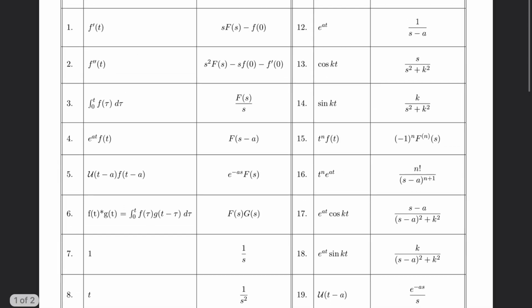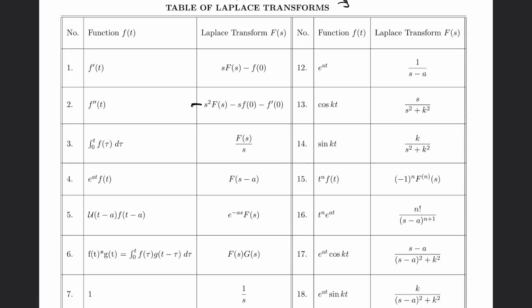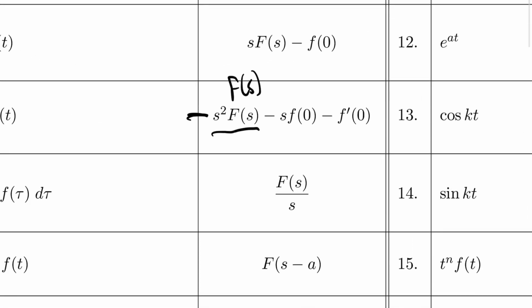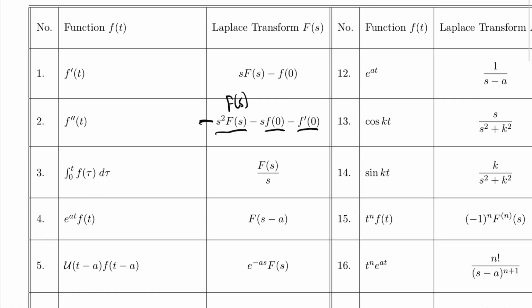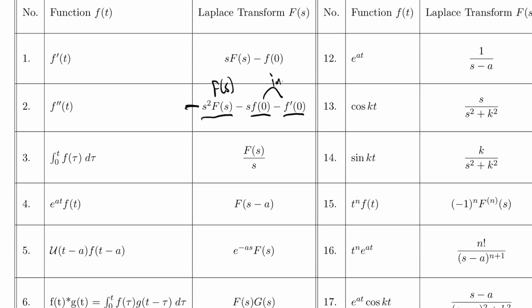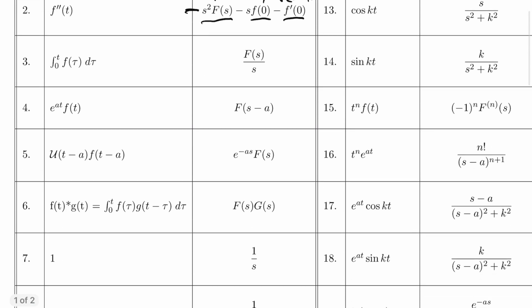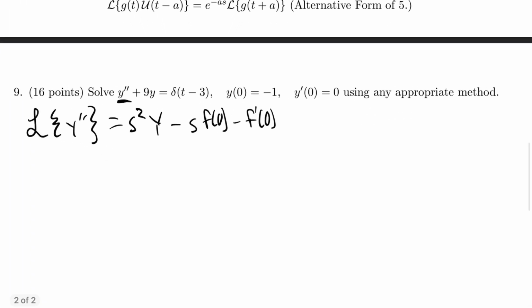And this is on the equation sheet right up here, s squared times, and they use this F of s as the transform, and then these little f's as the function that you're transforming, or like the initial conditions. So that's what we get for this. And for f of 0, we're given -1. And that's s squared times Y. And then f prime of 0, y prime is 0, so we don't have to worry about that.